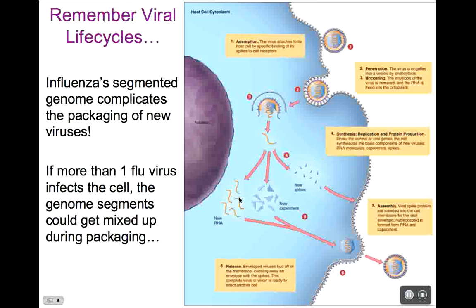During packaging, you could get some segments from one virus and some segments from the other virus into the same capsid. And now what you're releasing isn't H1N1 and it isn't H2N2, but instead it's H1N2, a new combination. That's called antigenic shift. Antigenic shift is this rearranging of genomic segments.